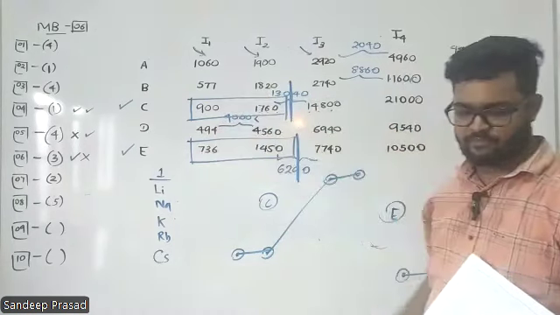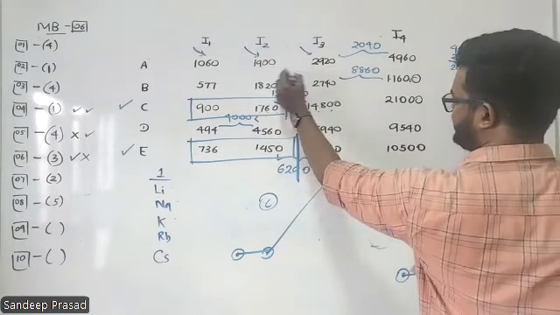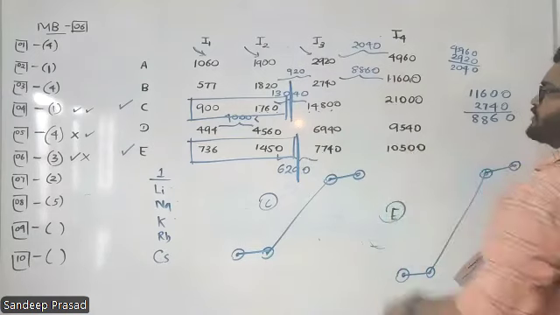Now you have to understand like this. Compared to the previous gap between these two, now this is 1,820. Then the gap is 920. Right? Compared to 920, 8,860 is very large.